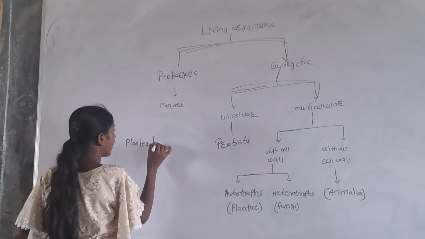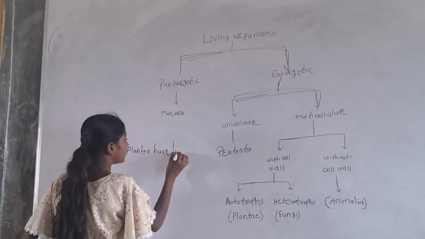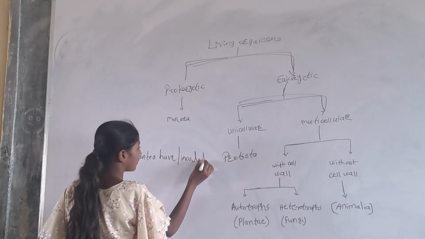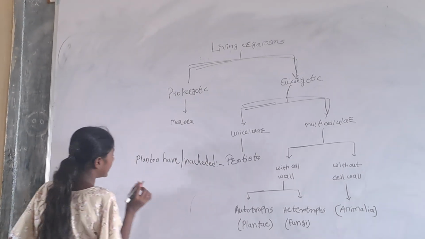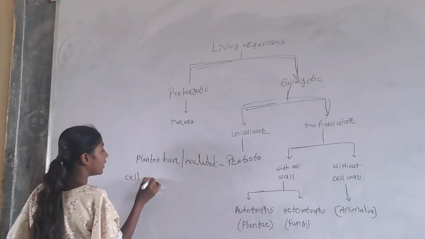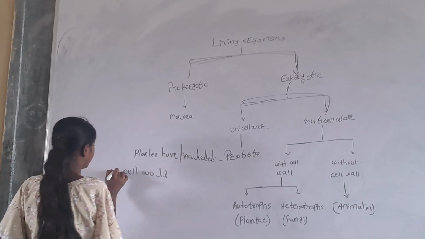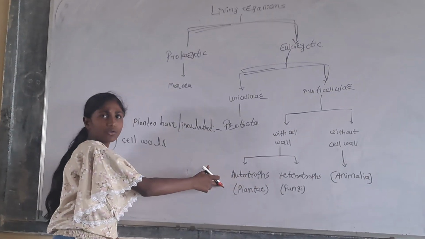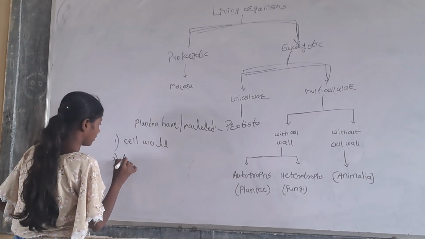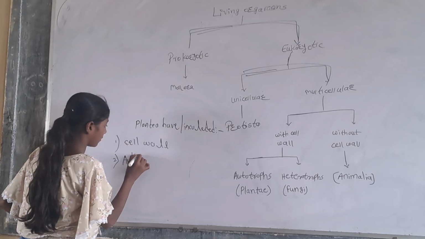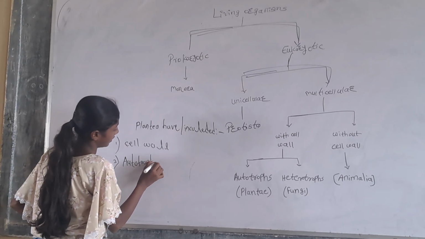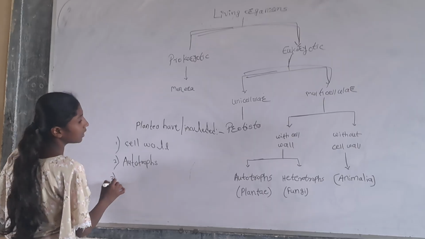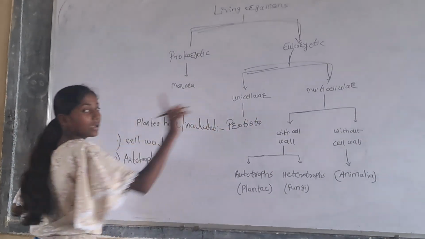Plantae also have or include cell wall. First thing is Plantae have cell wall. Second thing, Plantae main is they are autotrophs. We know that that's the main. And the third thing that Plantae have is they are multicellular.